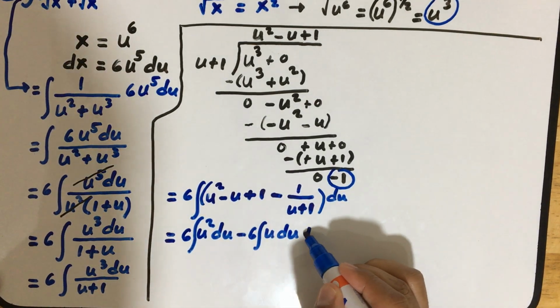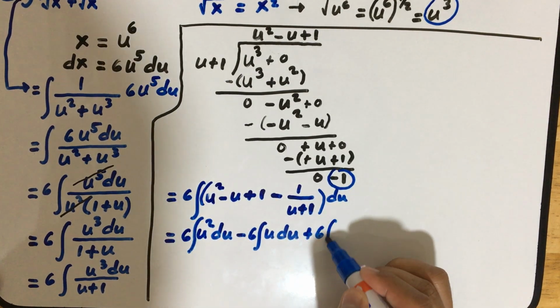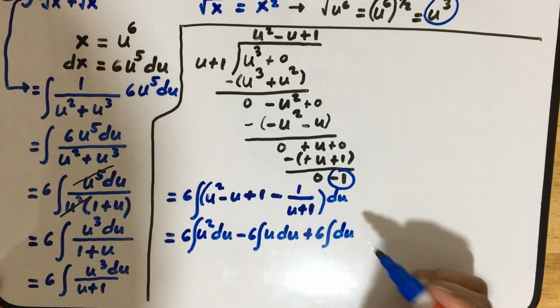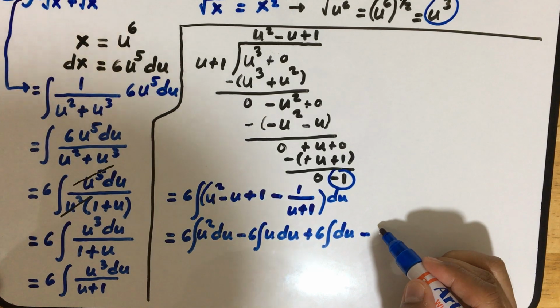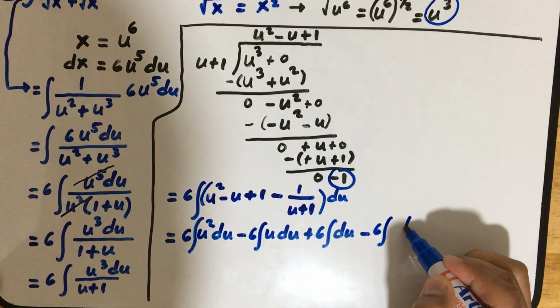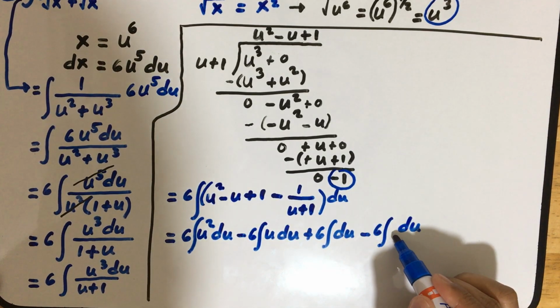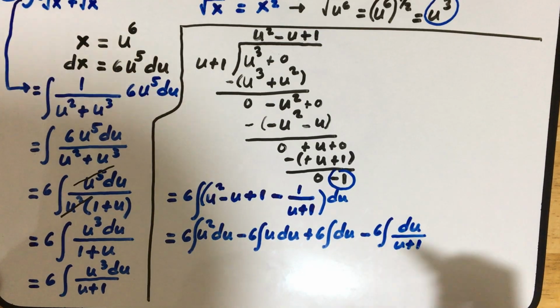Then plus 6 times 1, so that is 6 times the integral of du, then minus 6 times the integral of du over u plus 1, or 1 plus u.